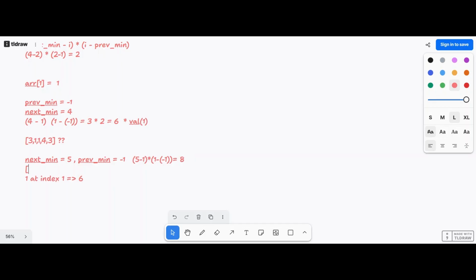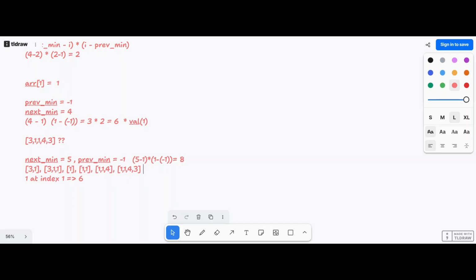And which 8 subarrays? If I find these 8 subarrays, they are 3 1, 3 1 1, 1, 1 1. Not this one; only this one wouldn't be considered in this case, because only this one will be for the position of 1 at index 2. It will be counted in those subarrays. Then 1 1 4 and 1 1 4 3.